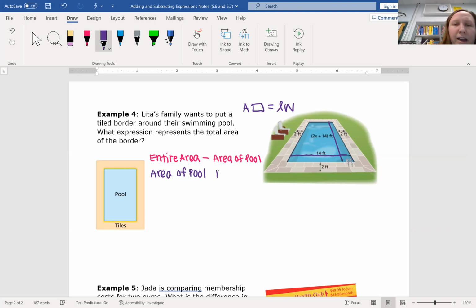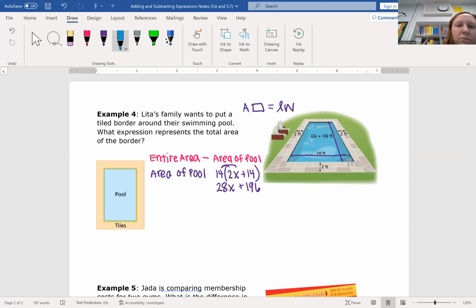So that is 14 times 2x plus 14, and I can distribute that out and get 28x plus 196. That is our area of just the pool.